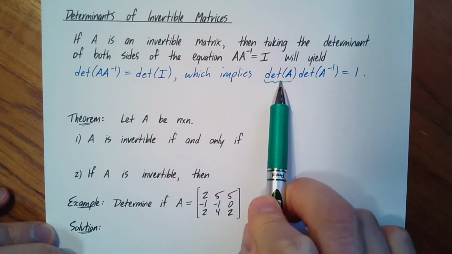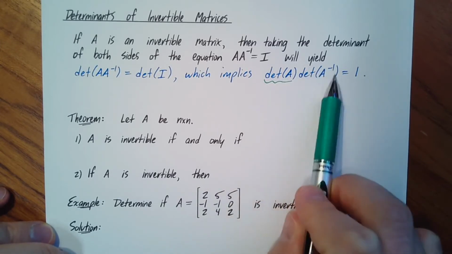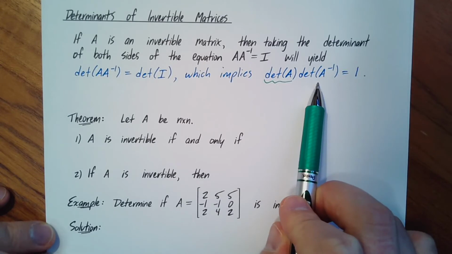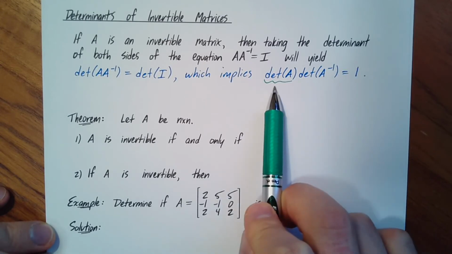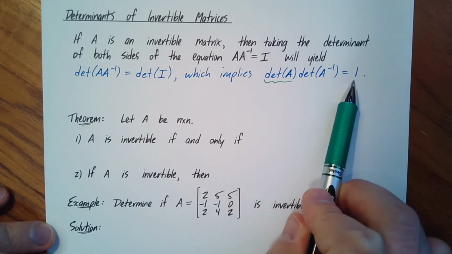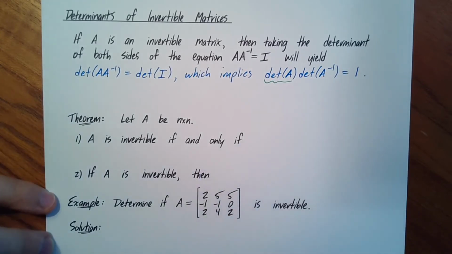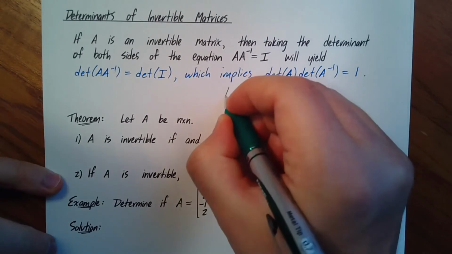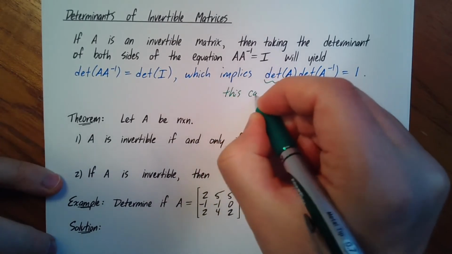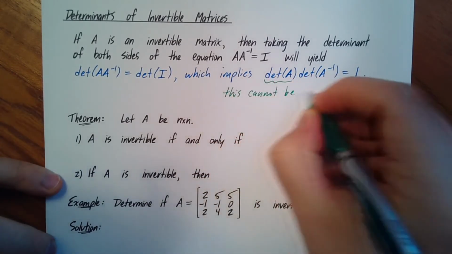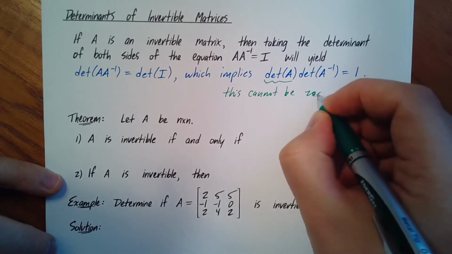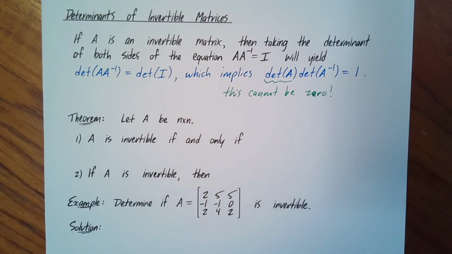If this were equal to 0, then the determinant of A inverse, it wouldn't matter what it is. If you multiply it by 0, you're not going to get 1. You're going to get 0. So that's why you can say that the determinant of A is not 0. Okay, and that's our first observation.